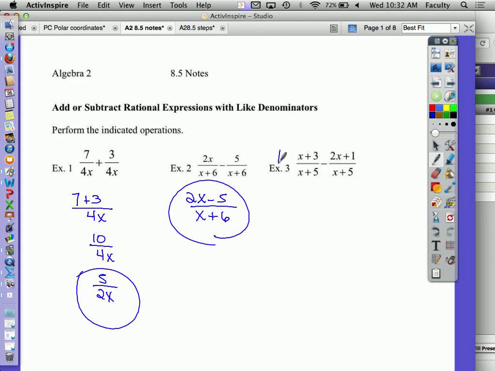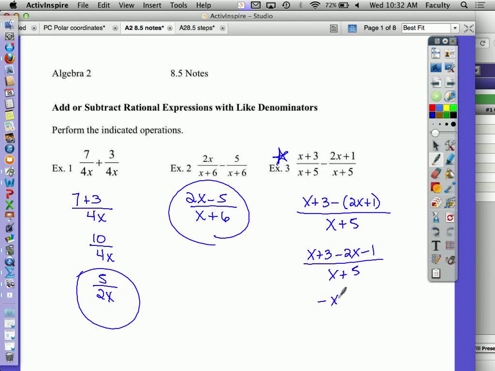Please put a star next to example 3. If you subtract and there's more than one term, you need to insert a grouping symbol. So this is x plus 3 minus (2x minus 1).